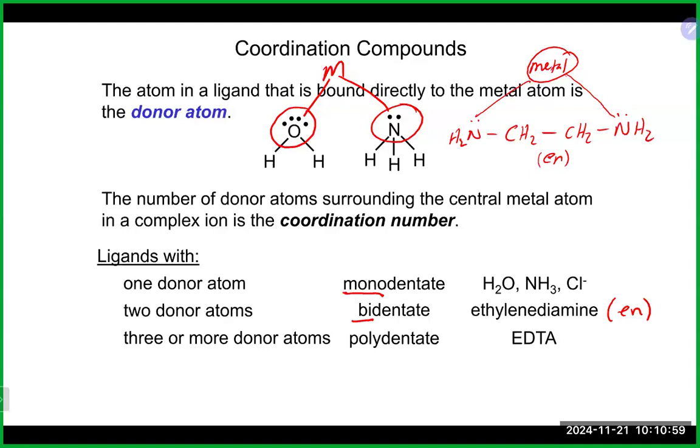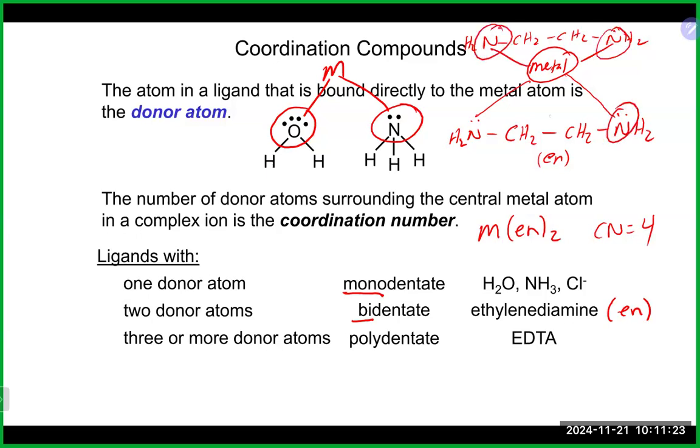So if you had a metal and 2 en ligands, the coordination number would actually be 4. If you drew another one of these, 2 molecules will give you 1, 2, 3, and 4 places of attachment to the metal.